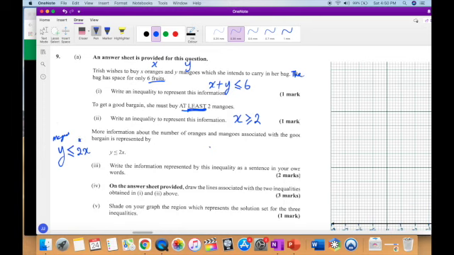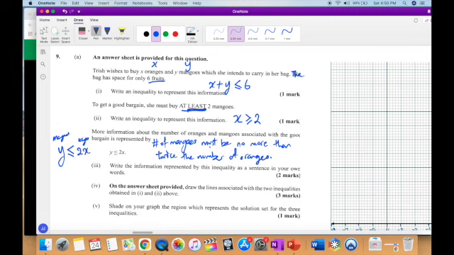Less than or equal to. So the number of mangoes must be, or I could say, no more than twice the number of oranges.